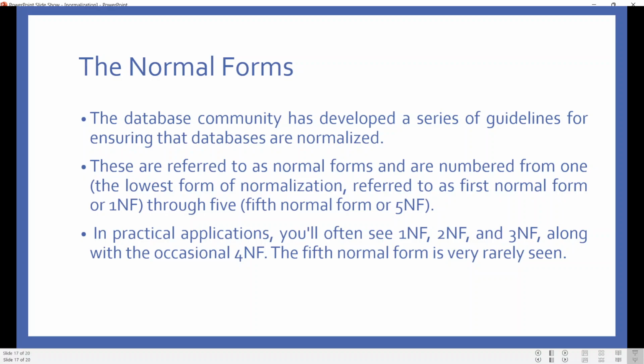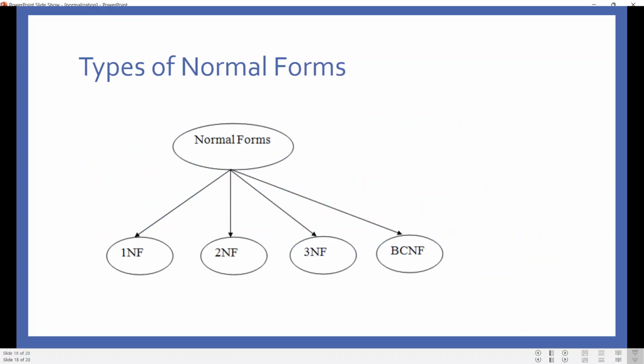In practical applications we have 1NF, 2NF and 3NF, occasionally 4NF, and fifth normal form is rarely seen. I'll briefly explain these various normal forms: first normal form, second normal form, third normal form, then Boyce-Codd normal form.